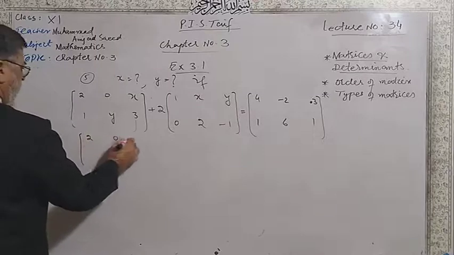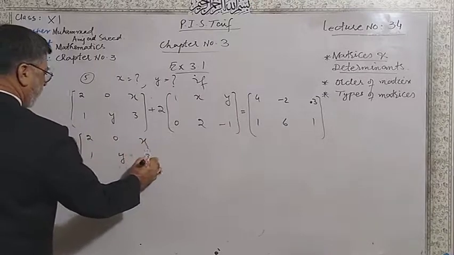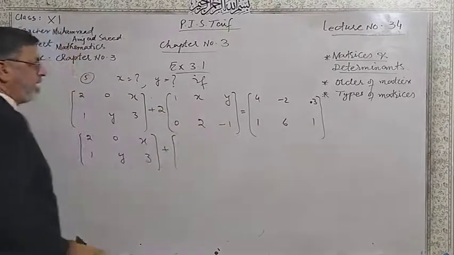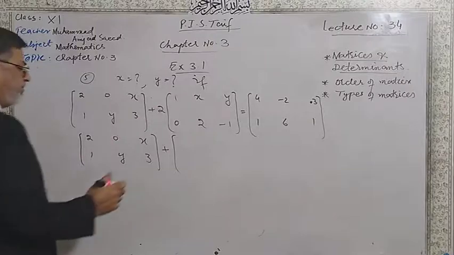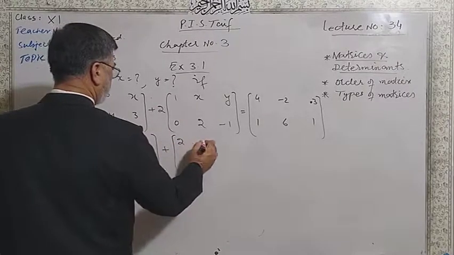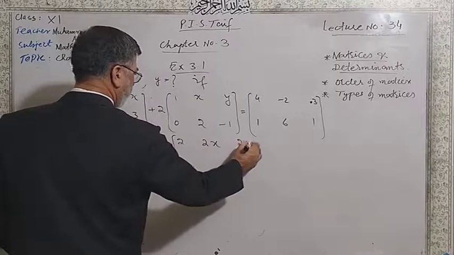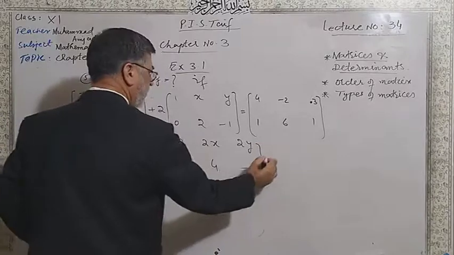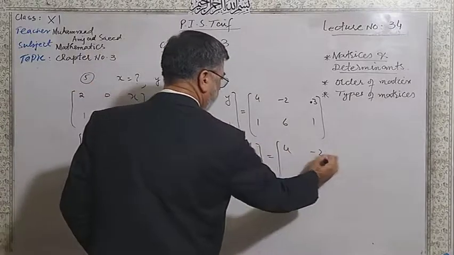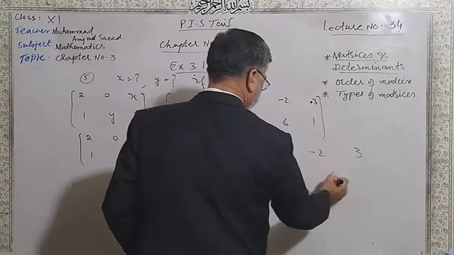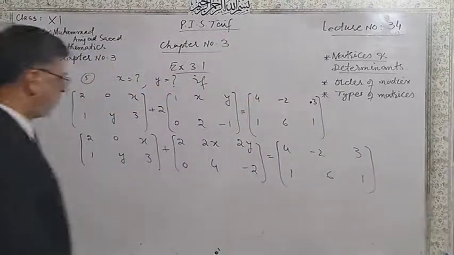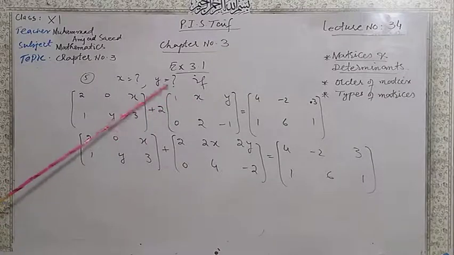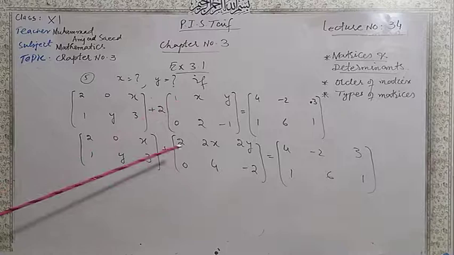Here is 2, 0, x, 1, y and 3 plus multiply this matrix by 2. 2x and 2y, 0, 2 2 is the 4 and minus 2, that is equal to 4 minus 2 and 3, 1, 6 and 1. Dear students, first of all, you will take 2 inside and multiply each term by 2 and then you add.